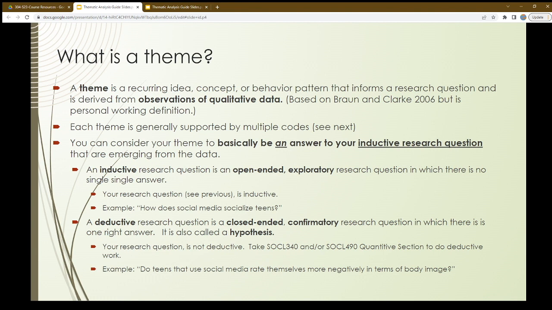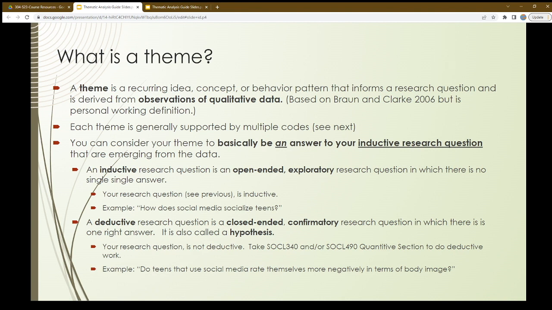Now, the other side of science in the scientific method is the deductive method. This is where you are answering closed-ended questions to confirm that something is or is not the answer. This is where you have more specific hypotheses. And for those of you who are in my senior seminar, that's what you will be working towards eventually.